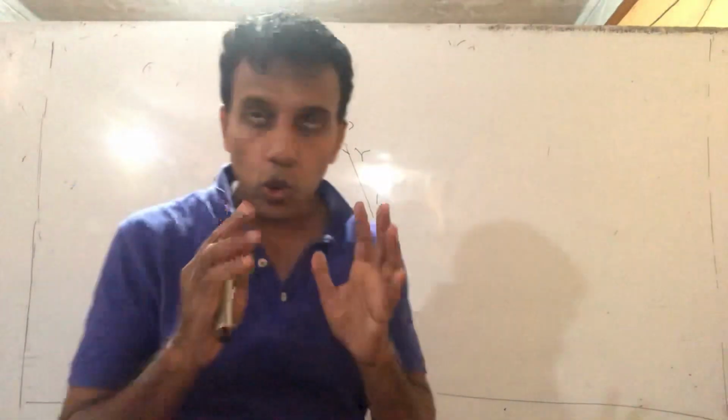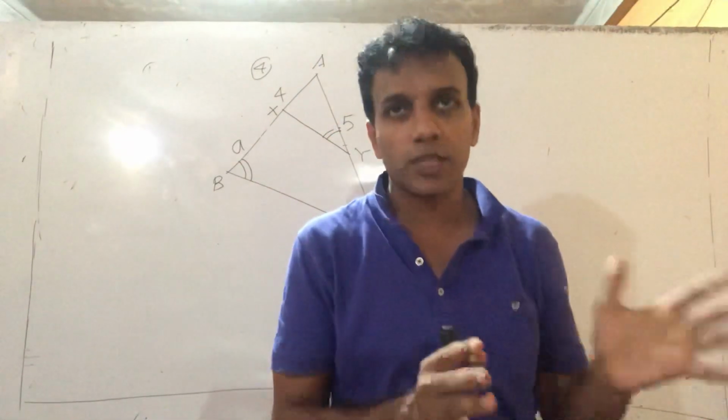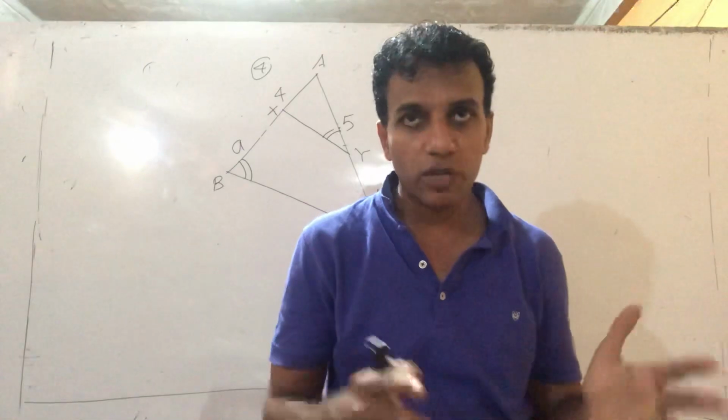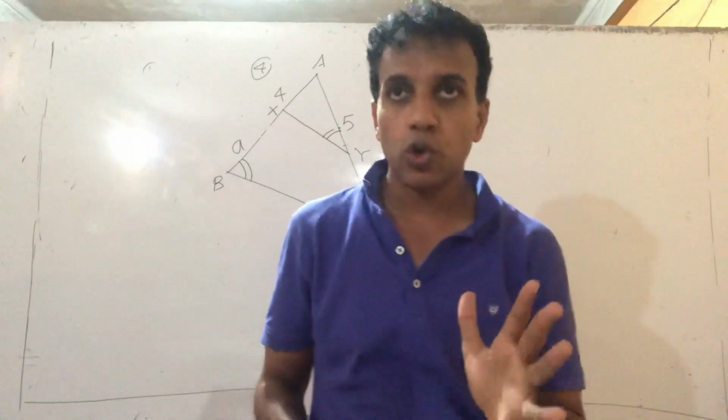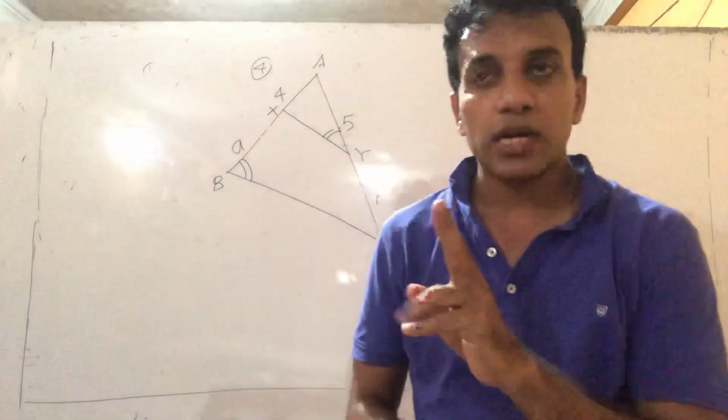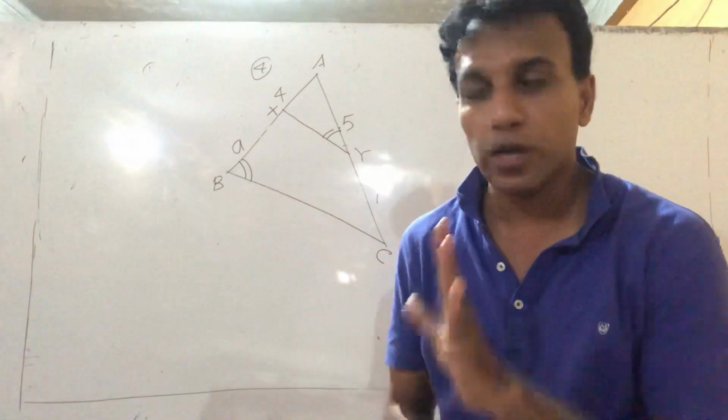So here I show the method. First I prove it and come to the last part, right? It's very important for future questions. First I show you that the 2 triangles are equiangular.